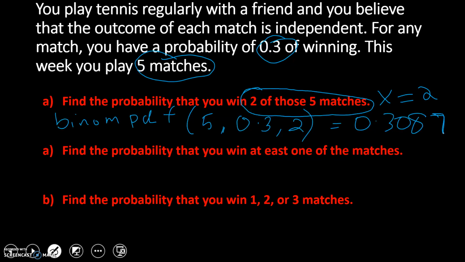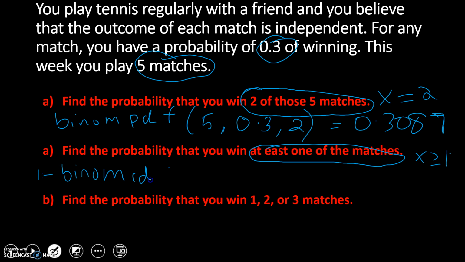Find the probability that you win at least one of the matches. Sorry for the mistype, it's at least one match. When you see the word at least, it's always greater than or equal to, so greater than or equal to 1. Since it's at least, you have 1 minus binomial CDF of 5, 0.3, and 1.